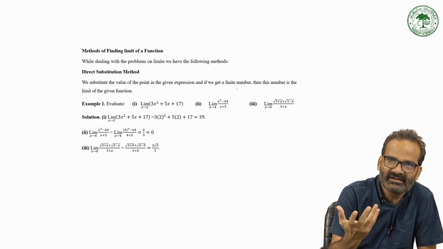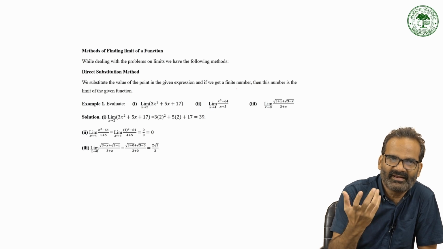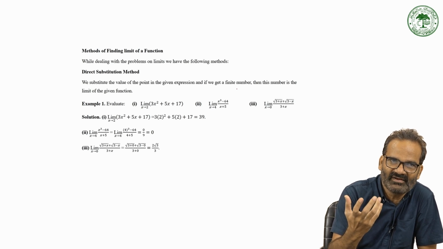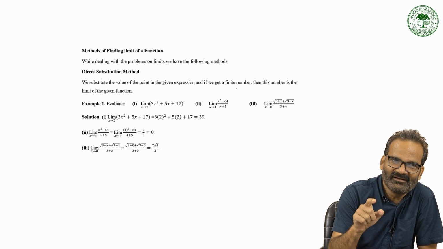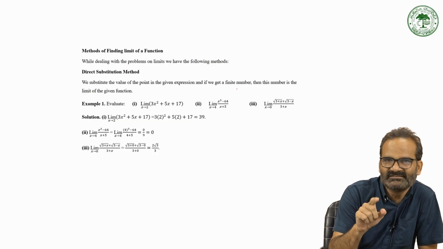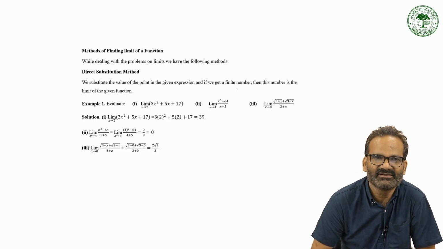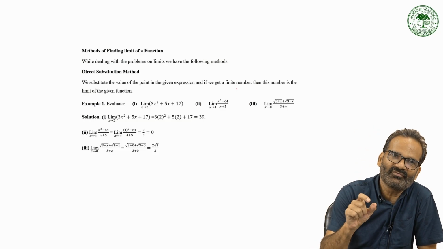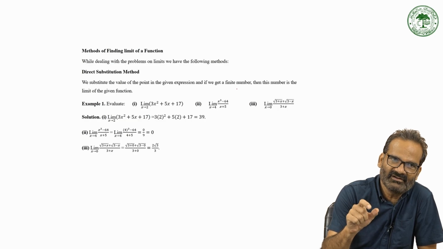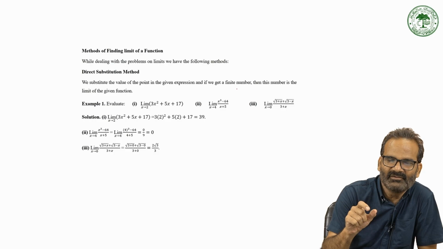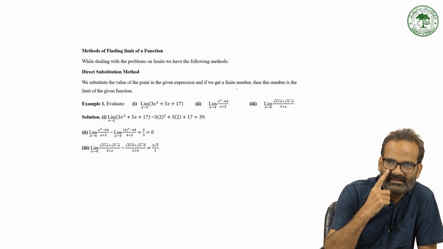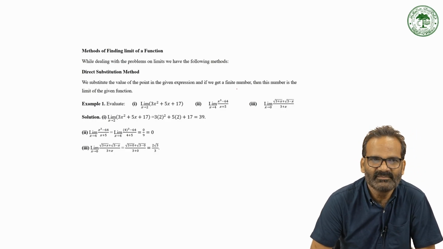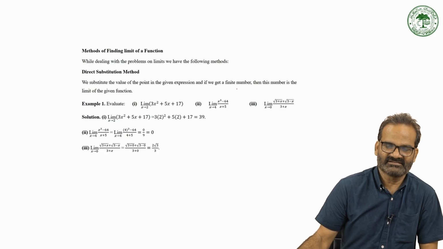If we get a finite number, and 0 is also a finite number, then it is considered the limit. So let us take an example.